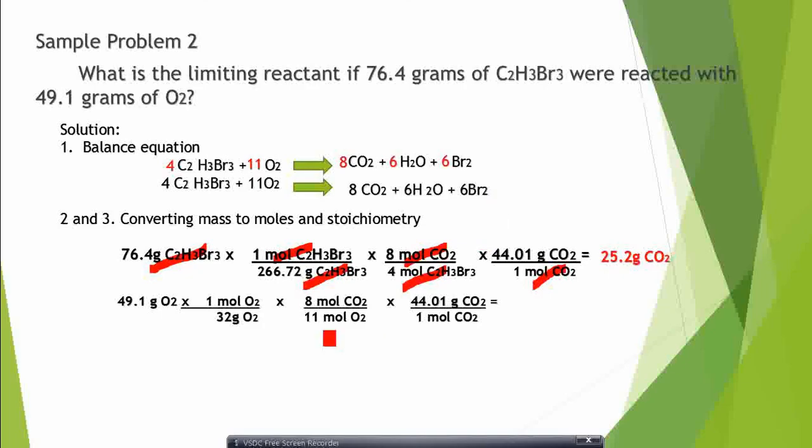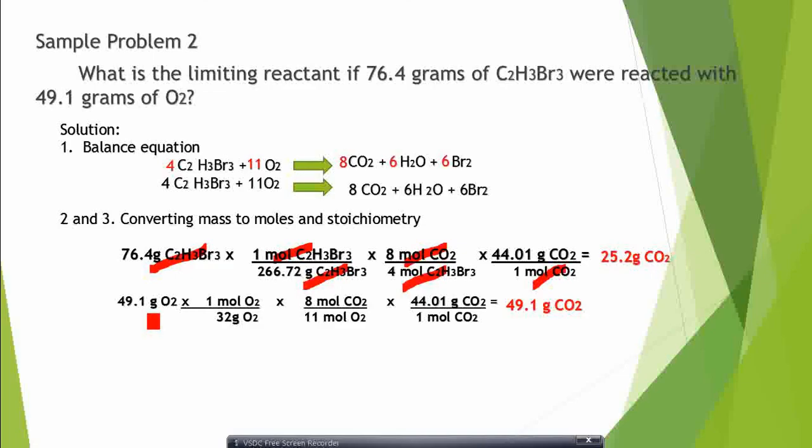Divided by 11 moles of oxygen. 11 moles is given in our balanced equation. Times 44.01 grams of carbon dioxide. 44.01 is the formula weight of carbon dioxide, 44.01 grams of carbon dioxide divided by 1 mole of carbon dioxide, is equal to 49.1 grams of carbon dioxide.